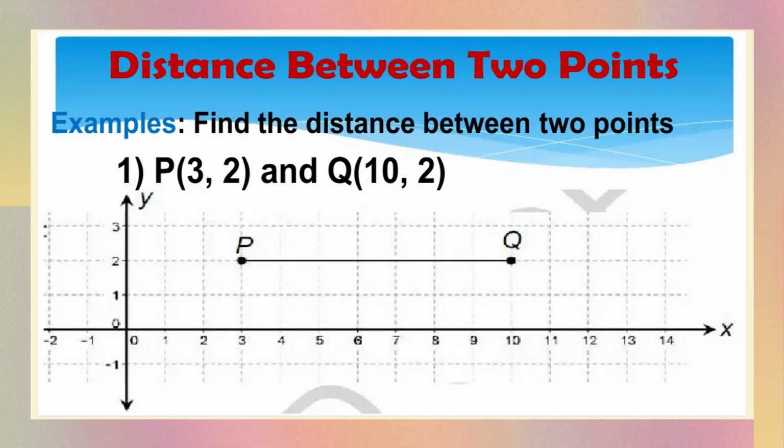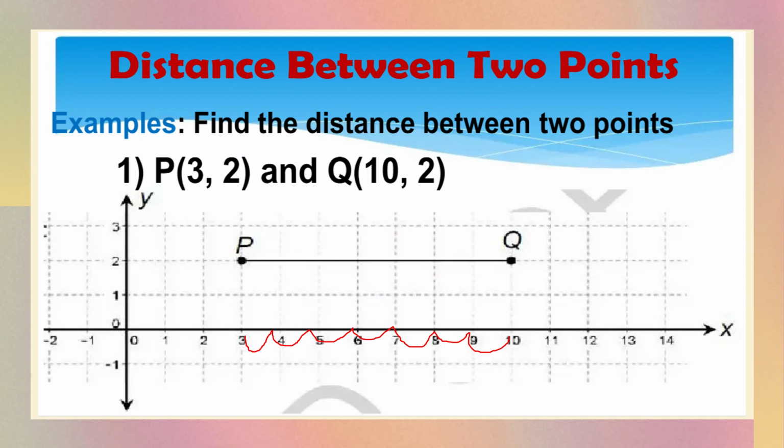Okay, next. Find the distance between 2 points, P and Q. Here, without computing, we know that the distance is already 1, 2, 3, 4, 5, 6, 7. So there are 7.